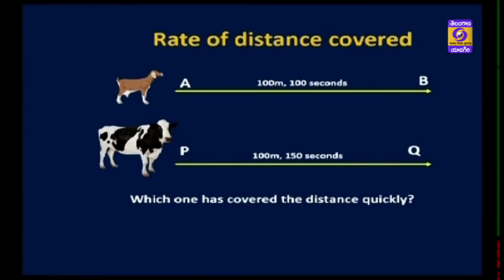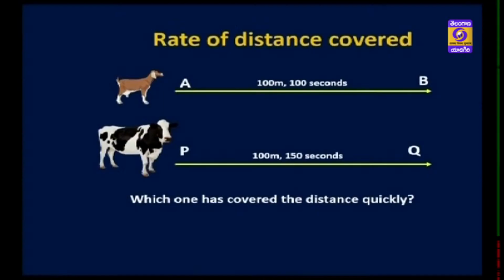Okay, in this example, we have given a task for cow and a goat. A goat has to travel from point A to point B, and cow will travel from point P to point Q. In our experiment, we found that goat has taken 100 seconds, whereas cow has taken 150 seconds.